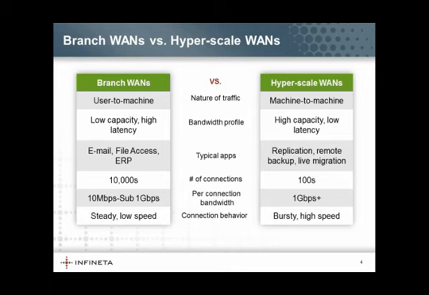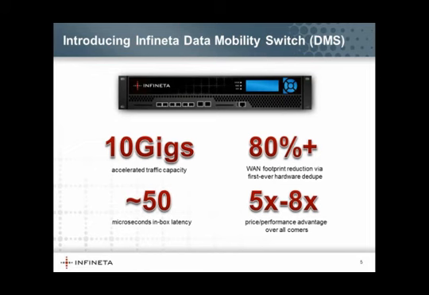And the product that we have built here at Infineta, the data mobility switch, is focused on this hyperscale WAN problem. The DMS, and that's the picture of the appliance on the screen there, was designed to specifically address the highly aggressive, latency-sensitive traffic traversing hyperscale WANs.